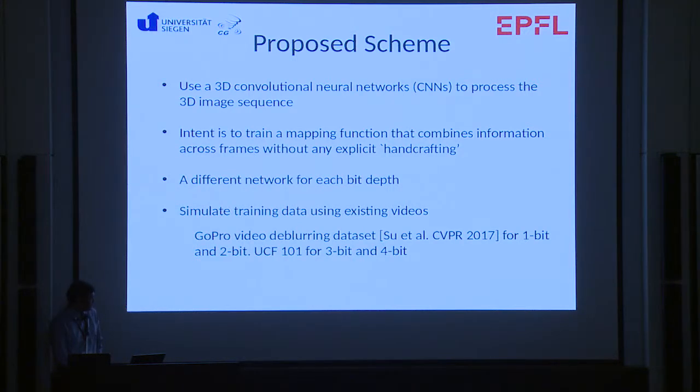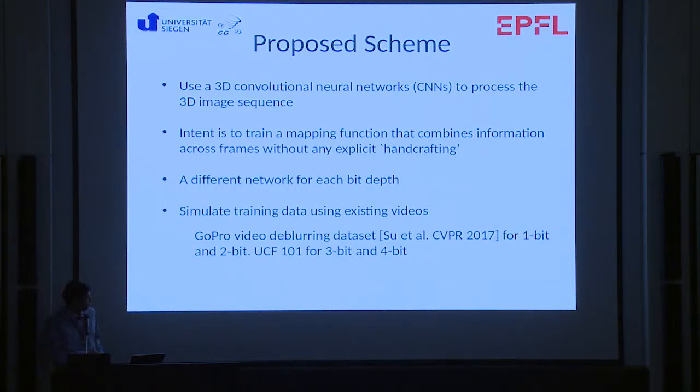And for the case of 1-bit and 2-bit images, which have a high speed, we also assume that there is high temporal coherence. So we use a video deblurring data set, which was captured with a high-speed camera. This data set is 720 frames per second.